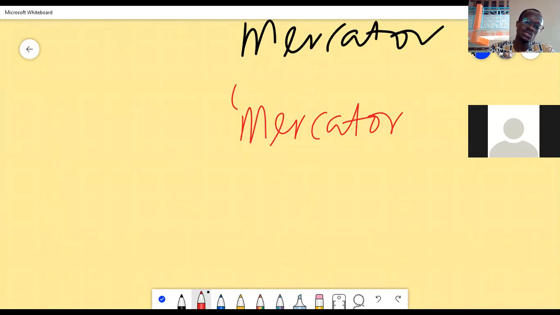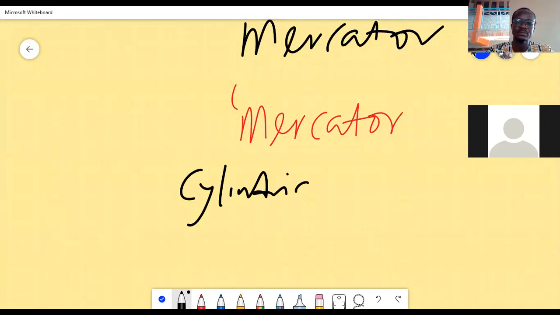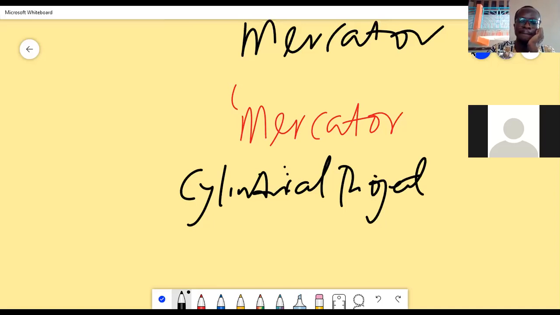So let's talk about some qualities of the UTM. Like I said, it makes use of a cylinder, so it's a cylindrical projection. The UTM also makes use of a zonal system, a number of zones.